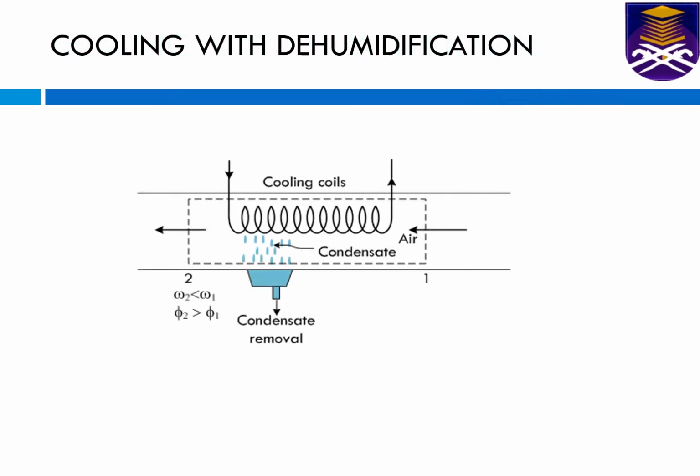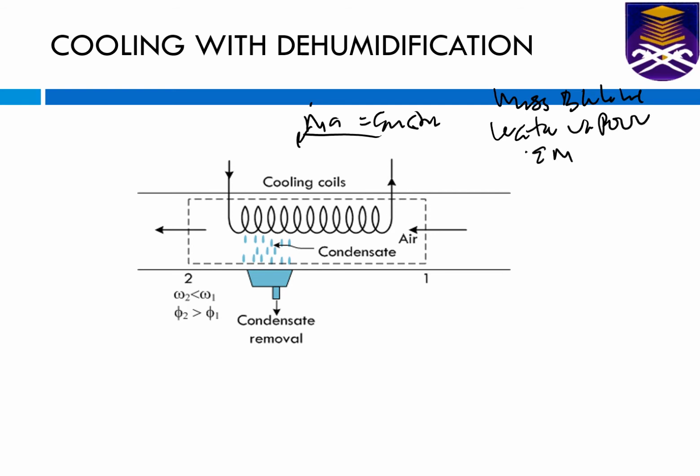So this is cooling with dehumidification. Again, similarly, we can do the processes. The mass flow rate of the dry air is constant, so the mass balance only remains for the water vapor, where the summation of mass in equals the summation of mass out.